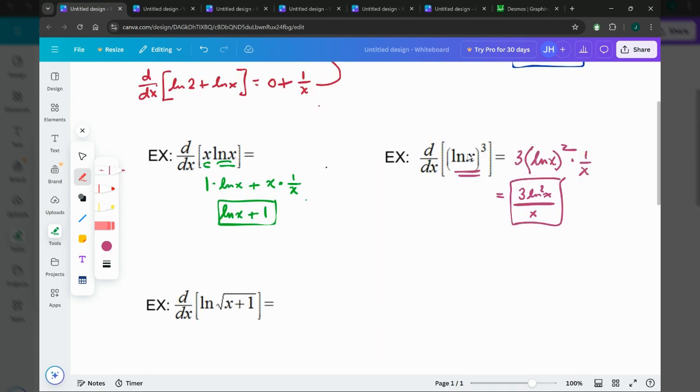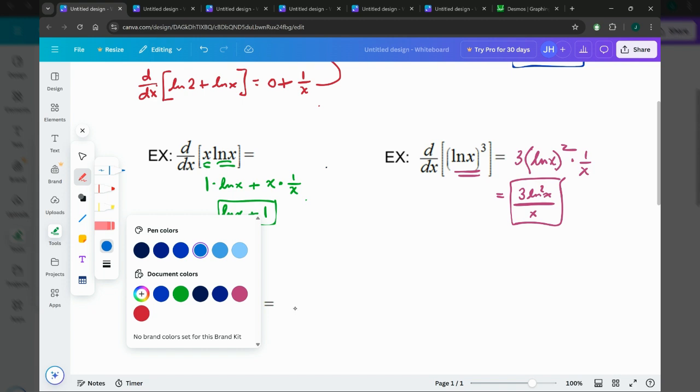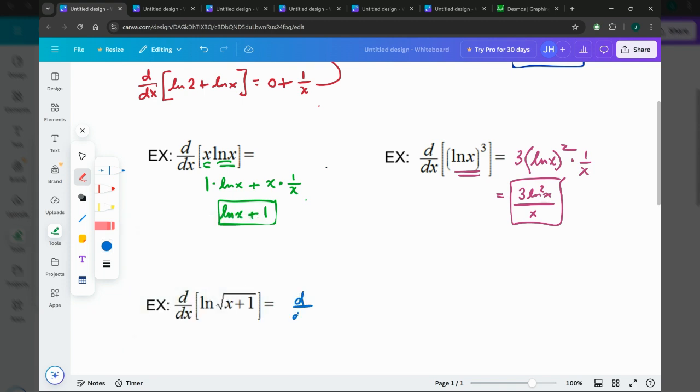Okay. Now this next one appears to be a chain rule as well, because I've got an x plus 1 inside a radical, which is inside a logarithm. Now, ladies and gentlemen, I tell you what, this is something I insist on with my students. You're going to make your life a lot easier if you take that logarithm and you expand it.